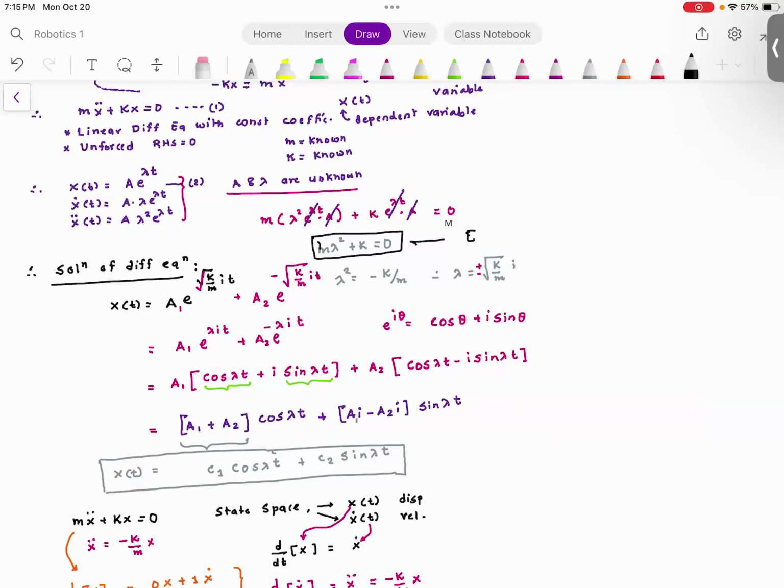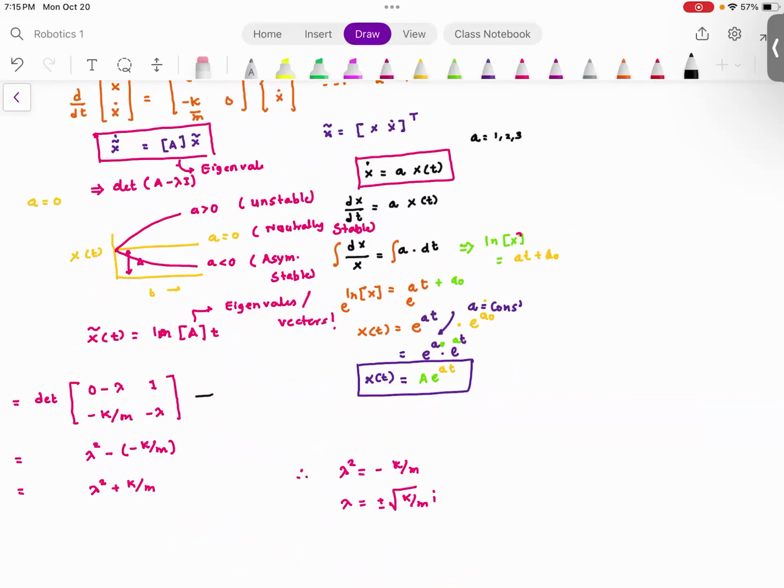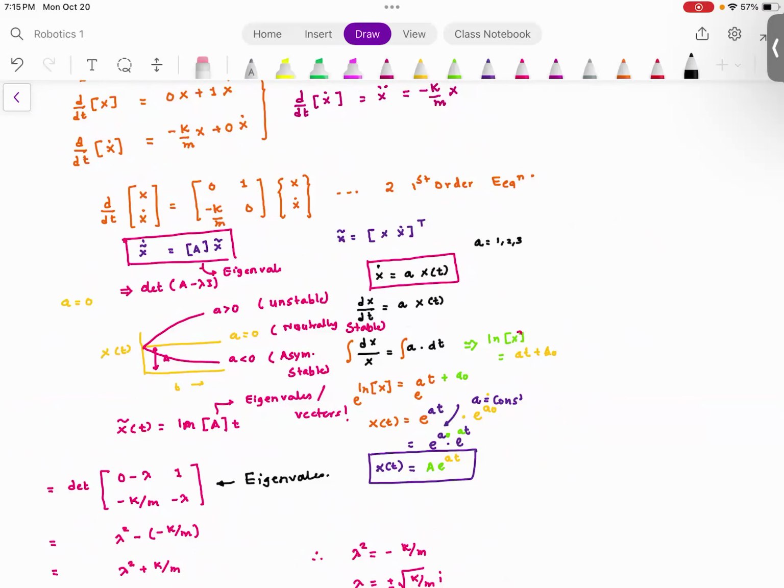It is the same eigenvalue problem, and this is what you get when you express the equation as a matrix equation. Now, there are a couple of things I want to discuss, but I'll stop here and we'll continue in the next class.